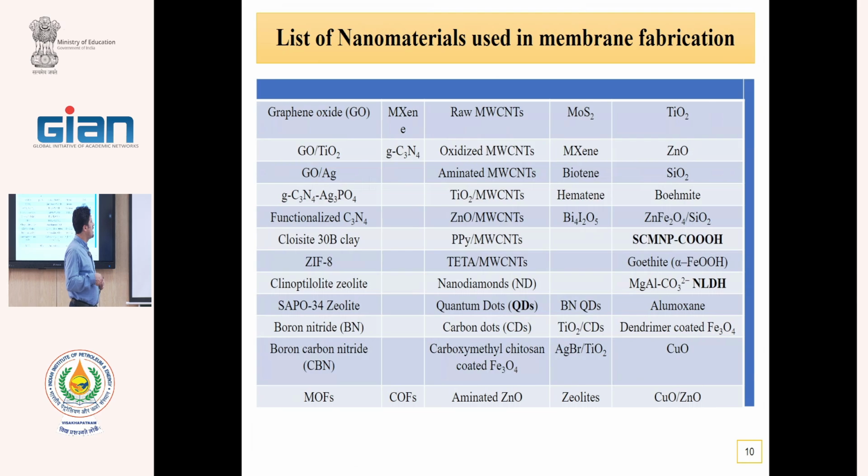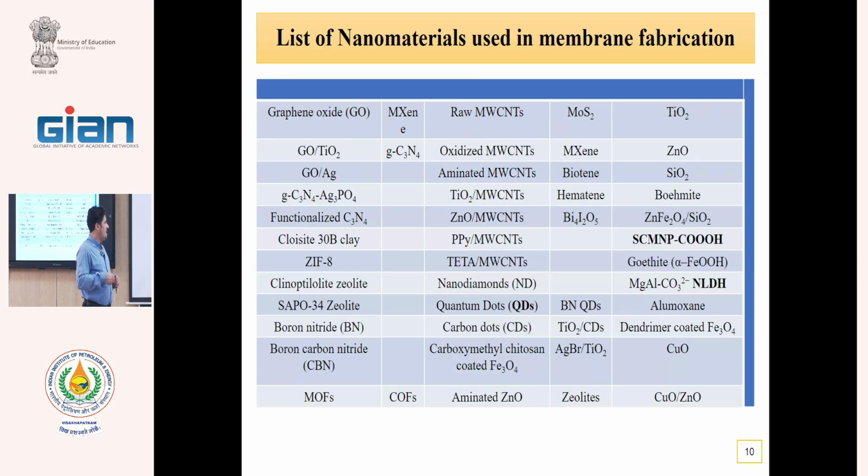Almost all nanomaterials have been used in the modification and fabrication of membranes: multi-wall carbon nanotubes, single wall, carbon dots, nanodiamond, boron nitride, hematene, borophene, MXene, molybdenum sulfide, graphene, carbon nitride, and in most cases zeolites, different kinds of clays, and most of the metal oxides.